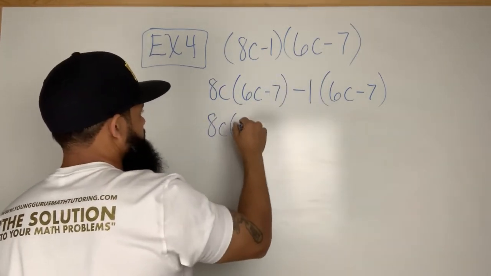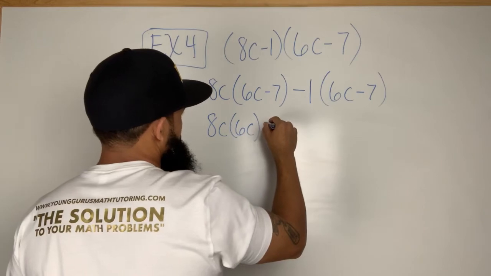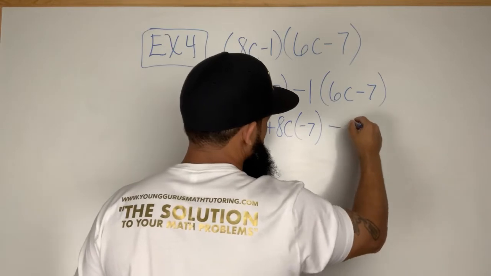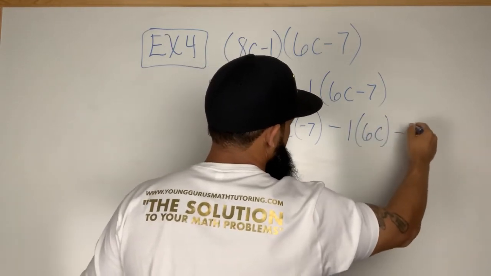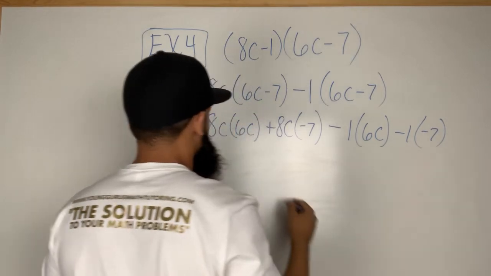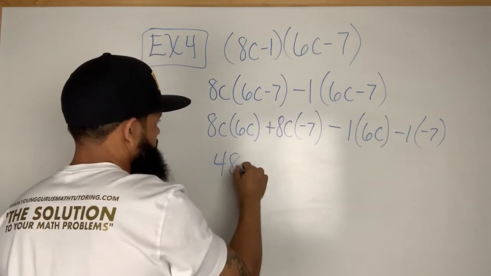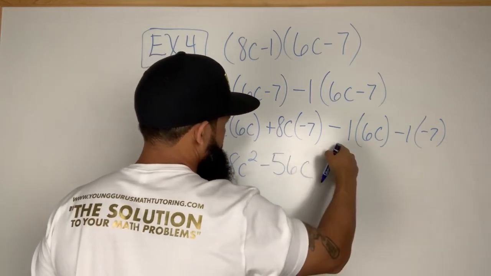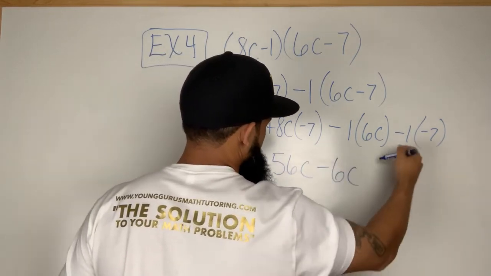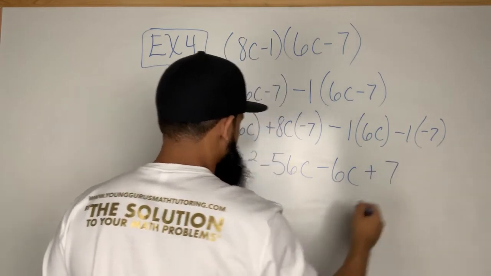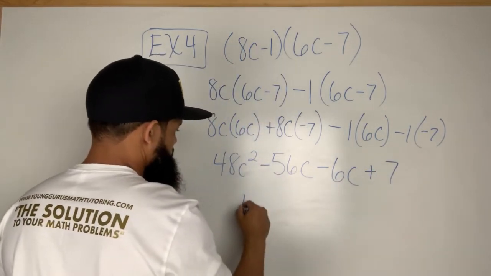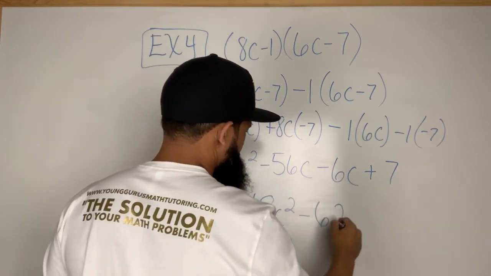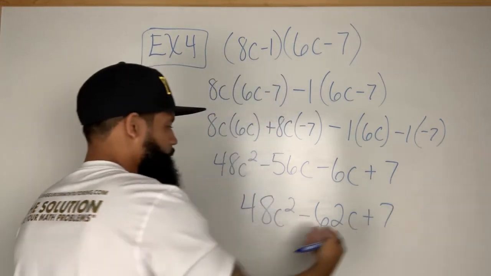So 8c times 6c plus 8c times negative 7 minus 1 times 6c minus 1 times negative 7. 8 times 6 is 48c squared. 8 times negative 7 is minus 56c, minus 6c, and then a negative times a negative is plus 7. We see those two like terms in the middle, so we have 48c squared minus 62c plus 7. That would be our final answer.